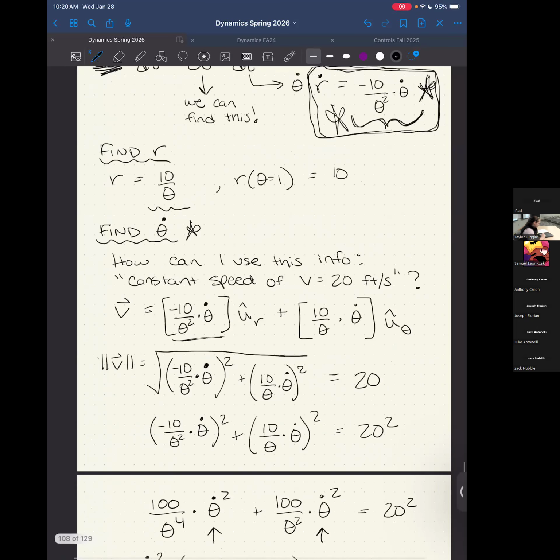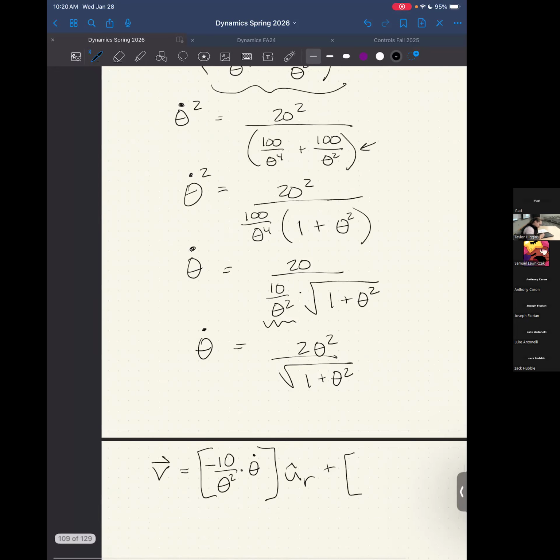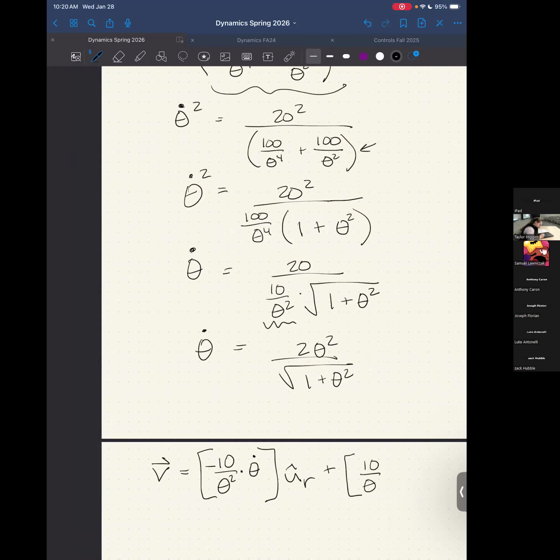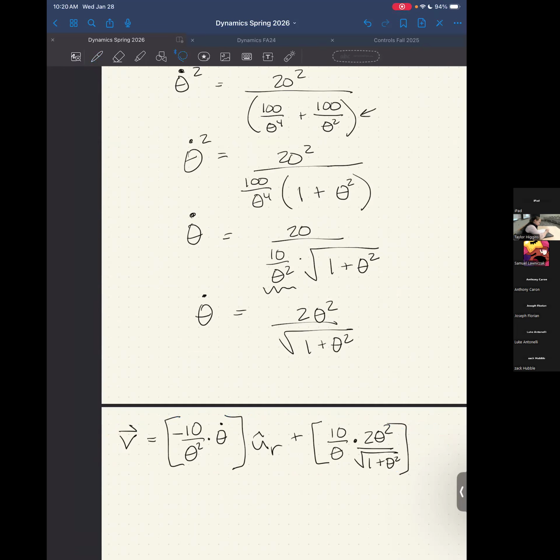So r was 10 over theta, times theta dot, which we now know is 2 theta squared over the square root of 1 plus theta squared. All of this is our u hat theta. And that is the answer to the first part.